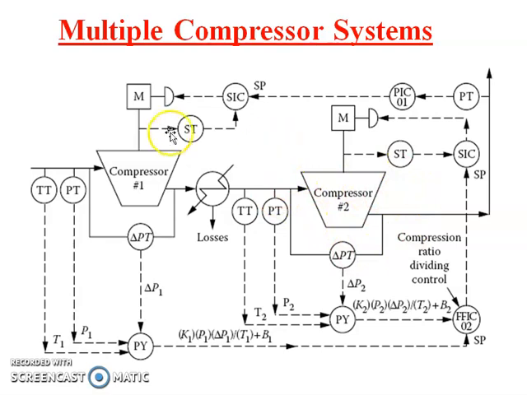Now here, there are two important control schemes used for controlling the multiple compressor system. The first one is called the pressure control. This is one important controller, and the second controller is used to control the compression ratio. If the pressure at the second stage, or the discharge of the second compressor, is increasing, at that time it will adjust the speed of compressor 1.